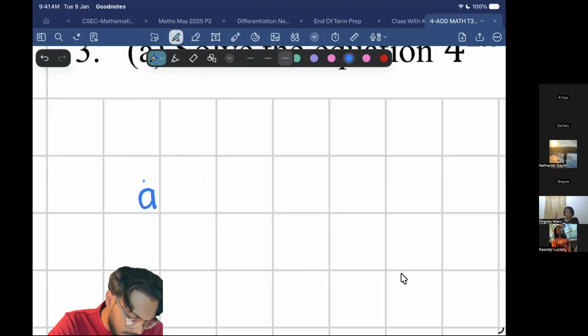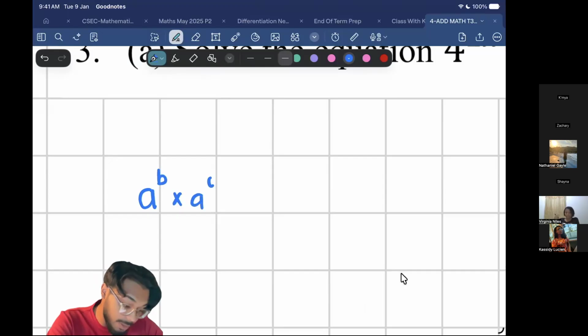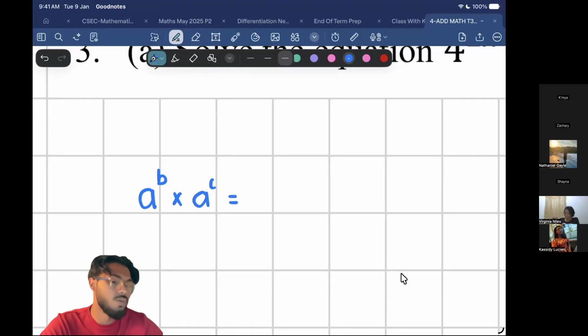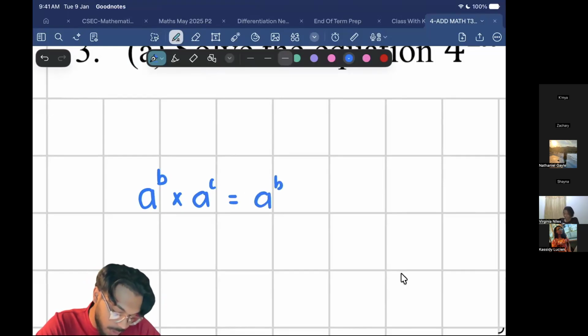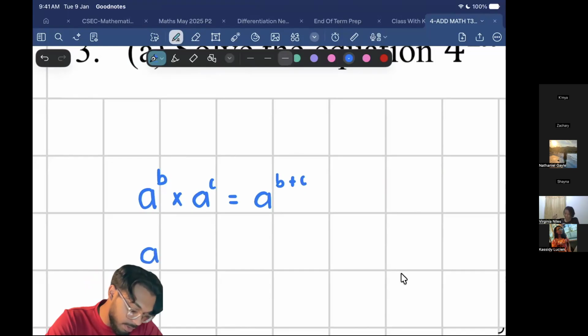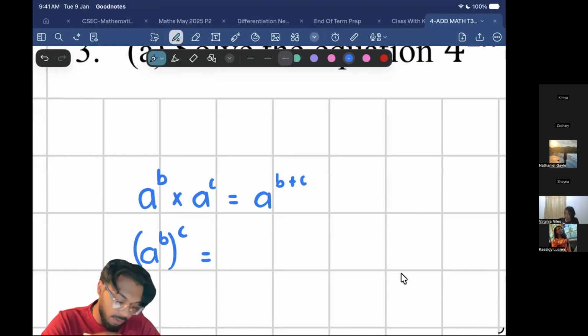Alright. So if I have a to the power b multiplied by a to the power c, I'm multiplying and I have the same base. What would I do? Yeah, add the powers. Did we know this, guys, or not? Yes, sir. Okay, if I have a to the power b raised to the power c, so I'm raising a power to a power, what happens there?